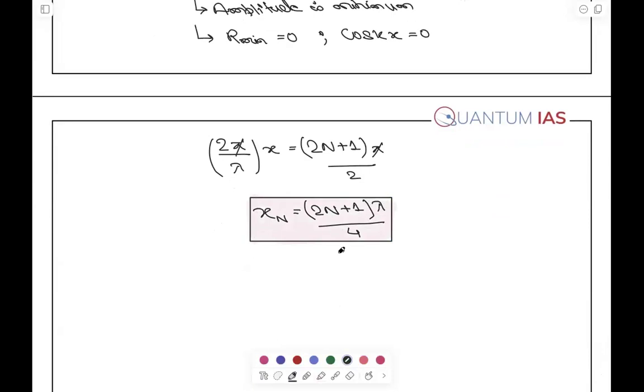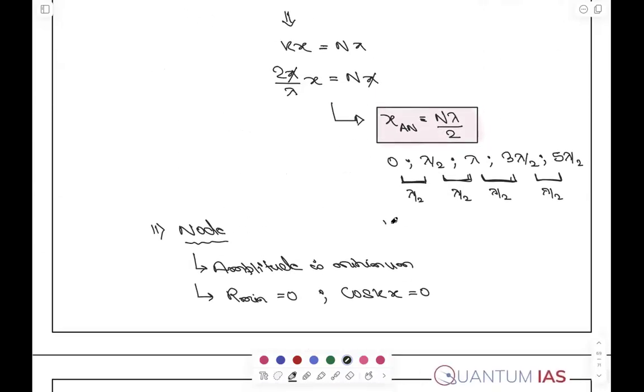Here I can write lambda by 4, 3 lambda by 4, 5 lambda by 4, with spacing lambda by 2, where n can be 0, 1, 2, 3, and so on.